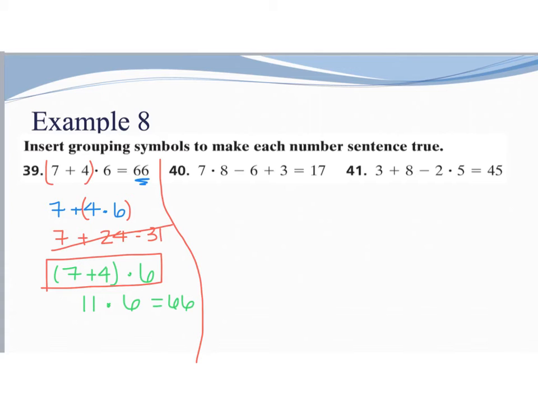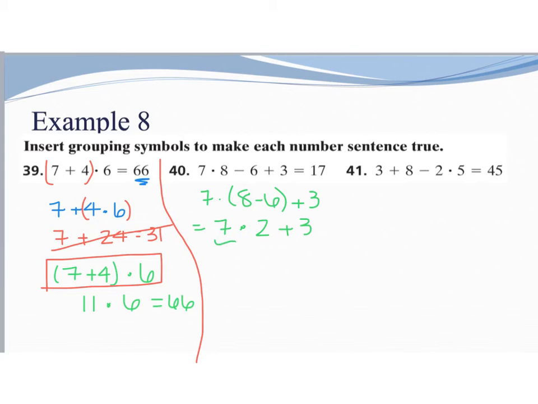What I might try is to put my parentheses around the 8 minus 6. So if I do 7 times the quantity of 8 minus 6, and then I add that to 3. Now I'm going to simplify. 8 minus 6 is going to give me 2, plus 3.